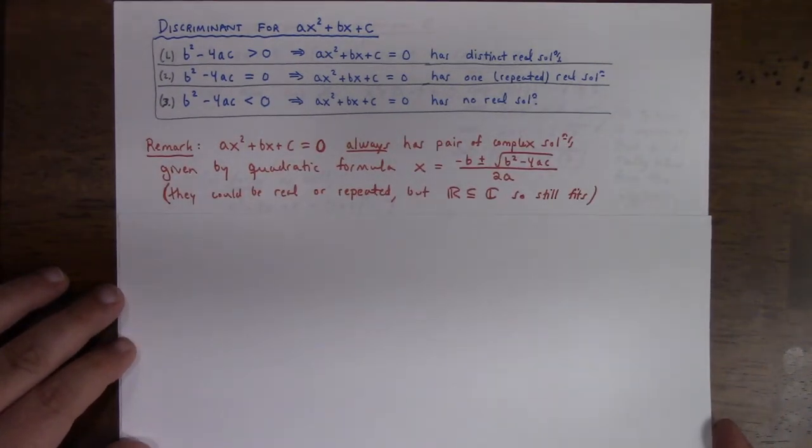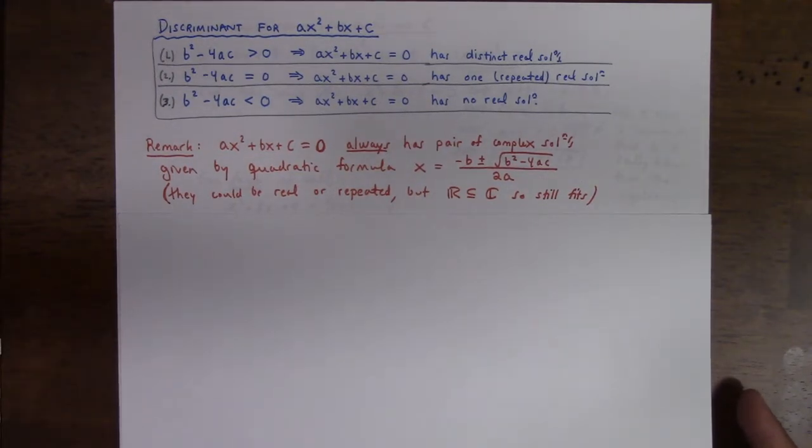I suppose to be pedantic, there's always a complex solution. It's just sometimes that complex solution is real. Technically the real numbers are a subset of complex numbers, so it's not wrong to say that there's always a complex solution.